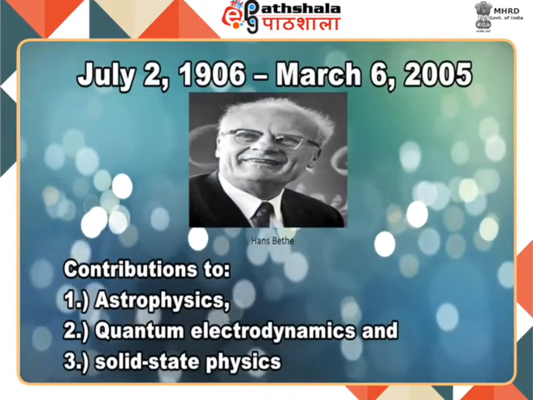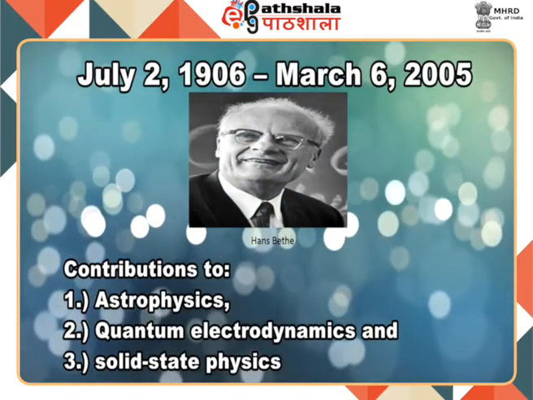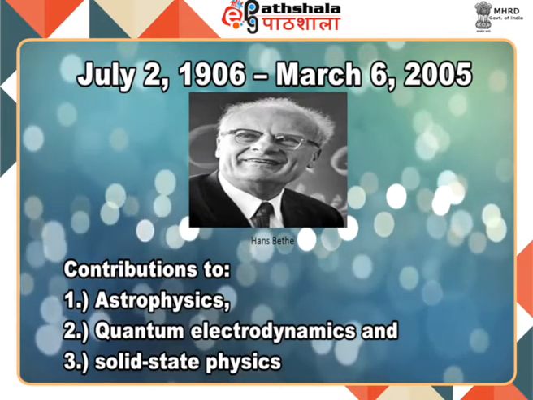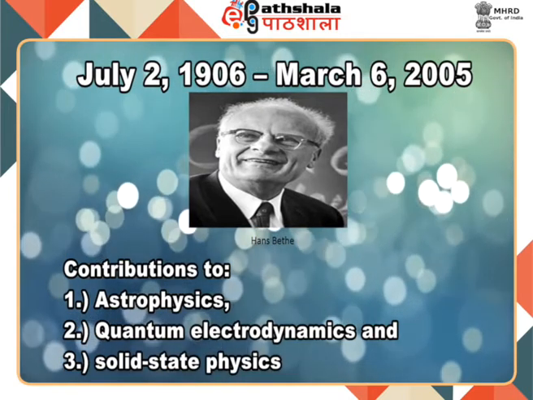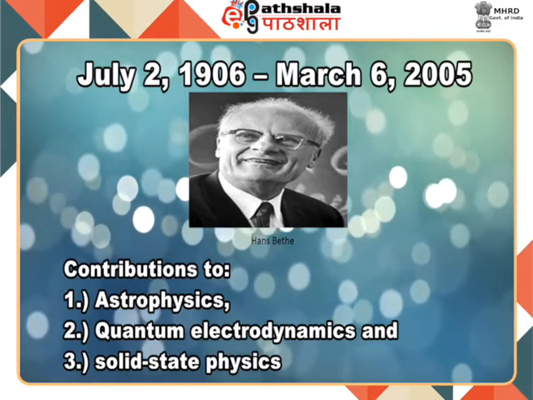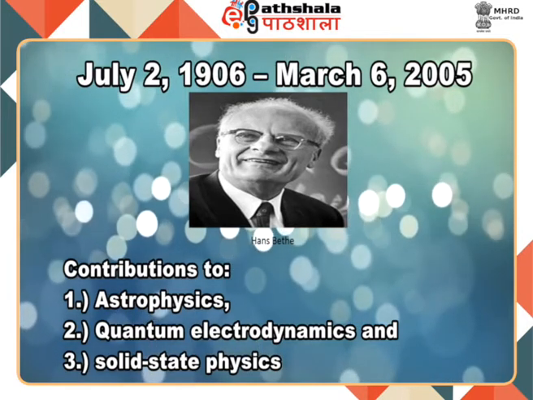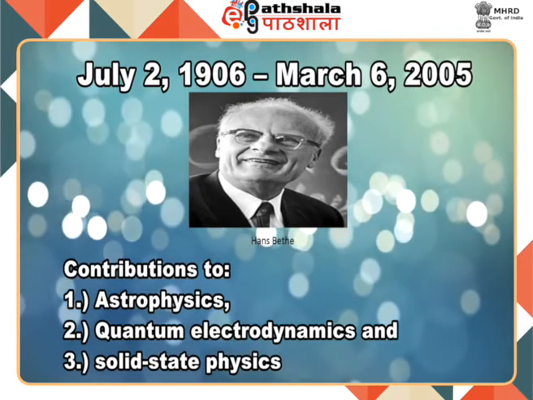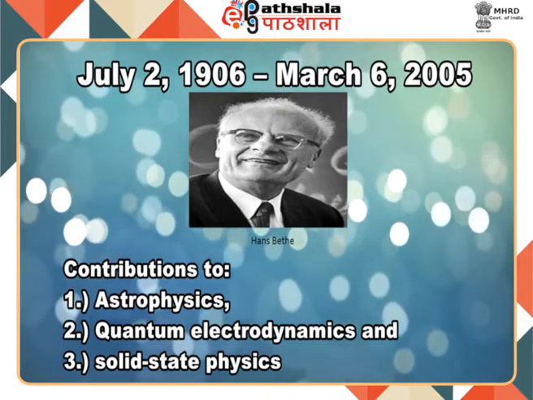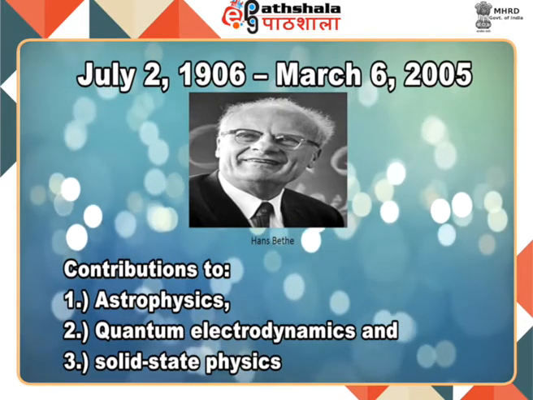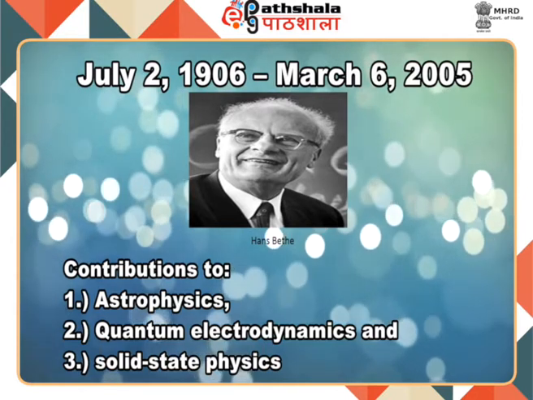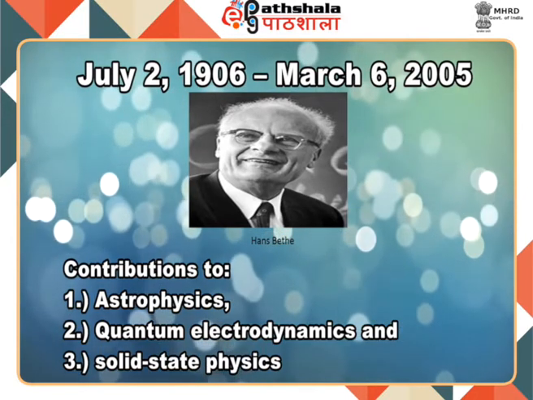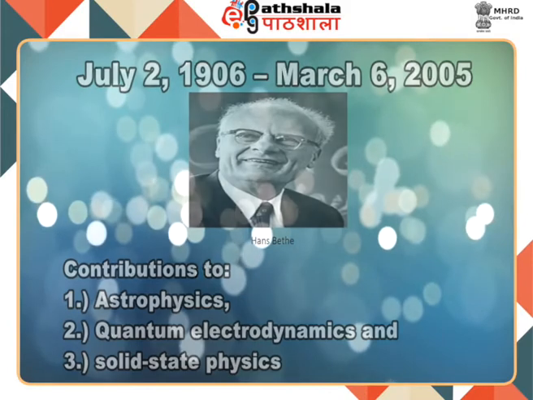Hans Albrecht Bethe was a German and American nuclear physicist who, in addition to making important contributions to astrophysics, quantum electrodynamics, and solid-state physics, won the 1967 Nobel Prize in Physics for his work on the theory of stellar nucleosynthesis.